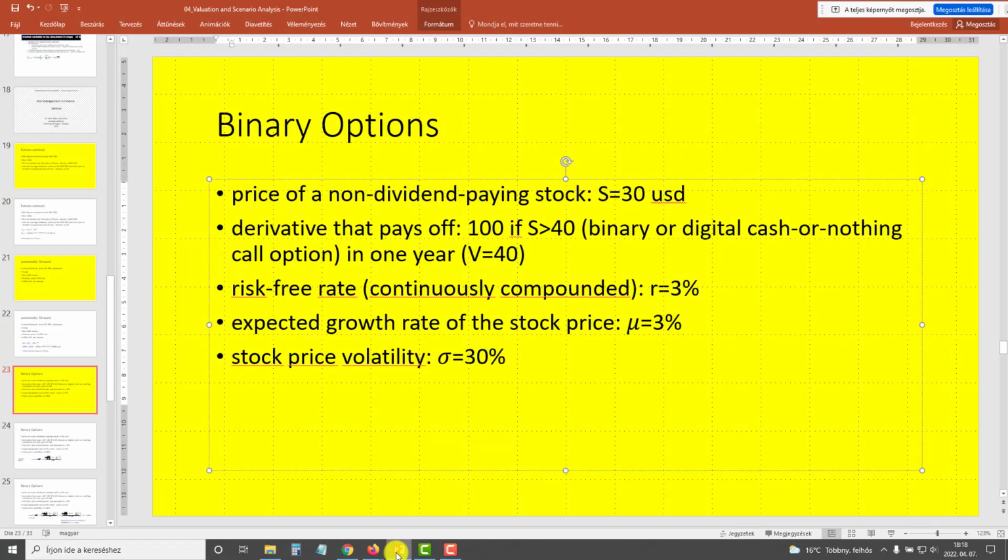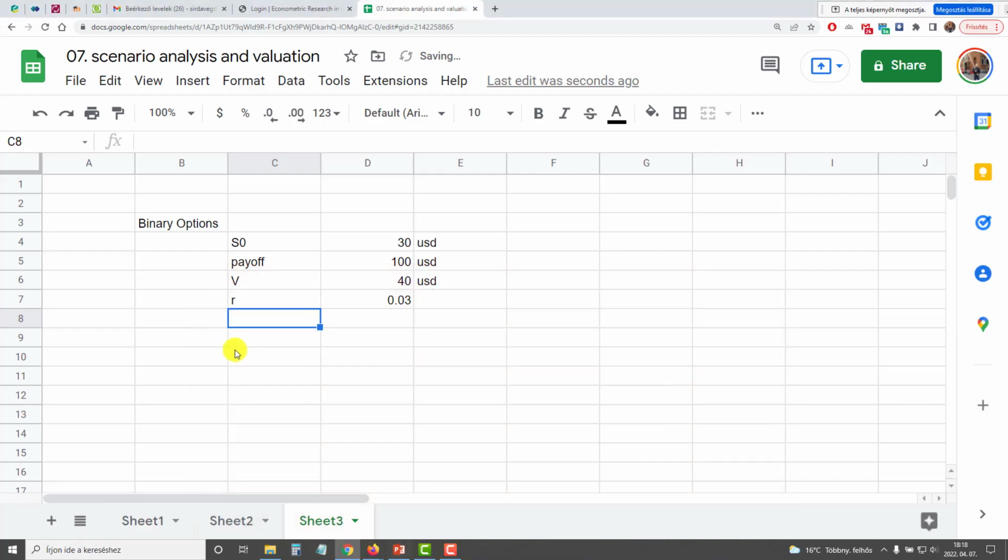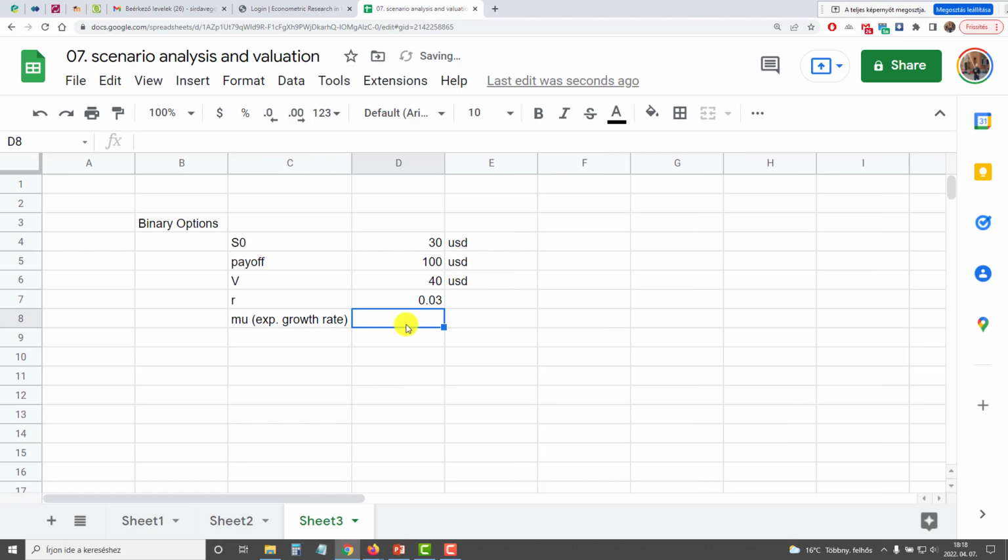And expected growth rate for the stock price. So expected growth rate. Okay, what was it?